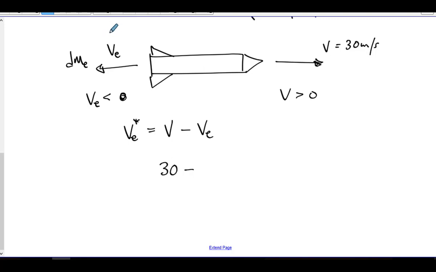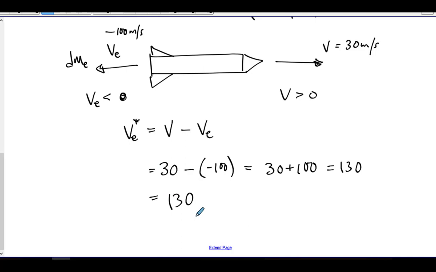So I'll say this is negative 100 meters per second. So that means I have 30 plus 100, 130. So from the rocket's frame of reference, the exhaust is moving away from the rocket at 130 meters per second.